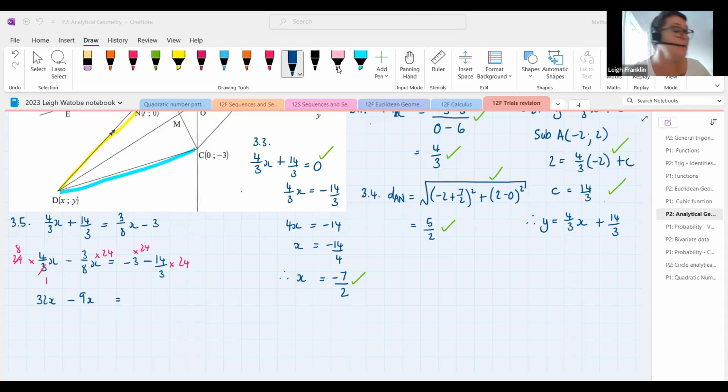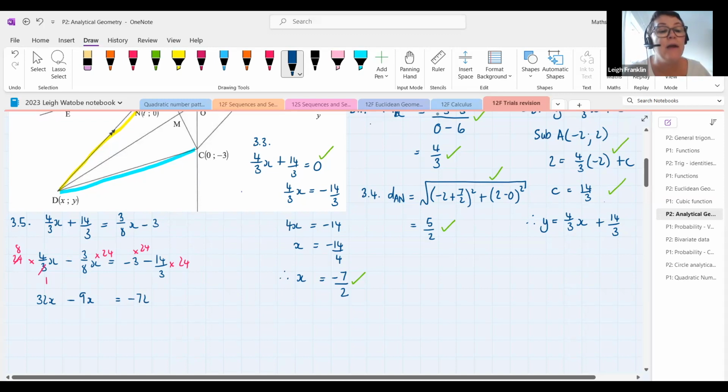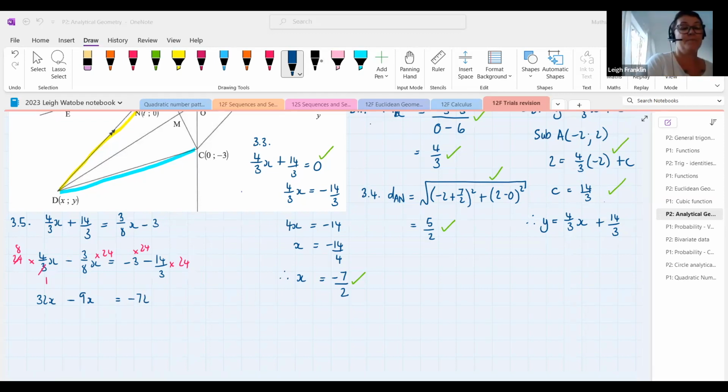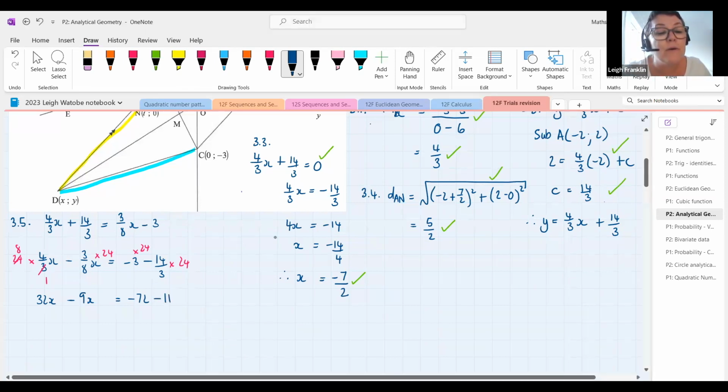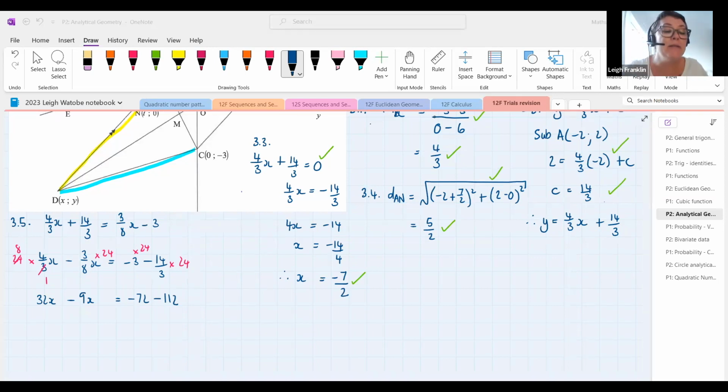Good, Lebogang. It's going to be equal to negative 72. Lovely. Well done. And the last term is going to be equal to, that's it, minus 112. Okay, does that make sense to everybody?